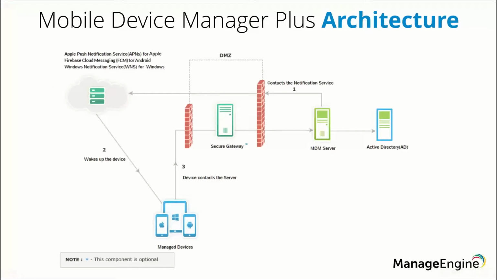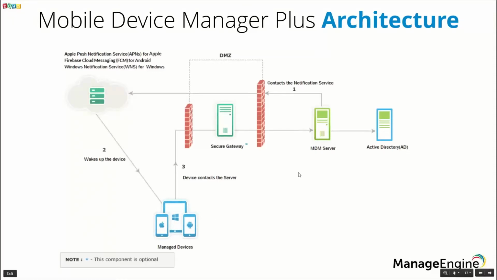And in order to understand the architecture or the workflow better, let's say as an admin, I wish to find out the location of an iPhone. What I'll do is initiate a command from our MDM console like locate device, which in turn will be sent to the notification services. For Apple, the Apple Push Notification Service will play a role to get the commands from the MDM server, which in turn will reach the device using the UDID, the unique number, and the device will contact the server back to process the command.